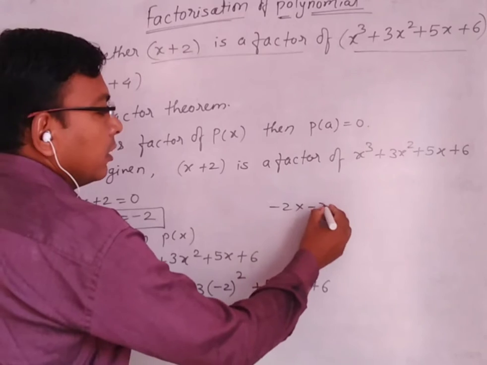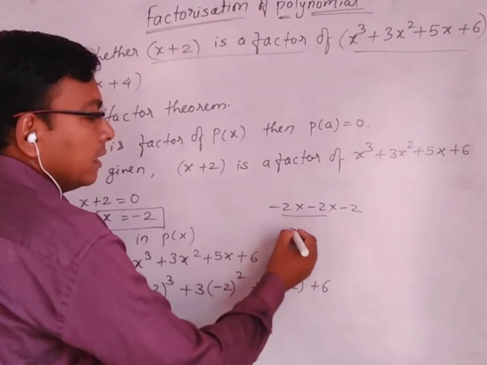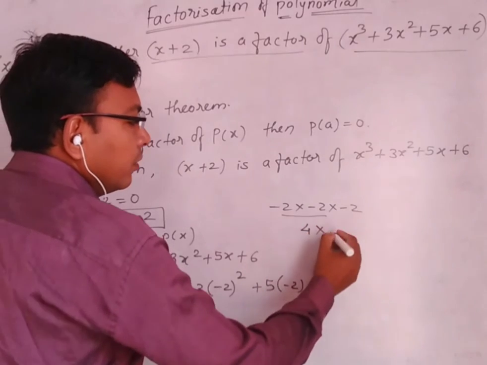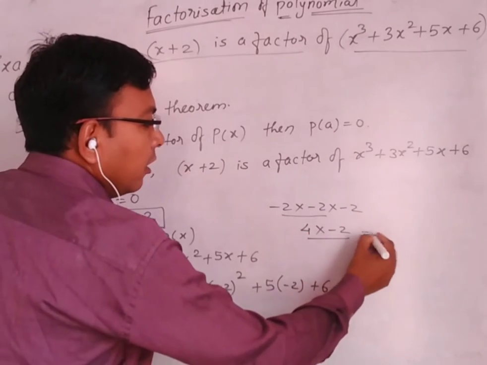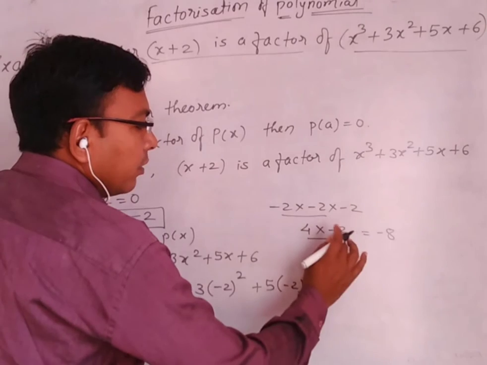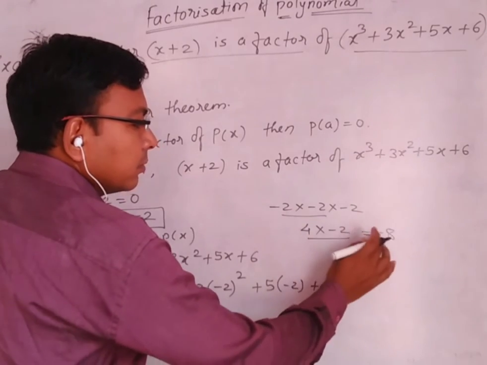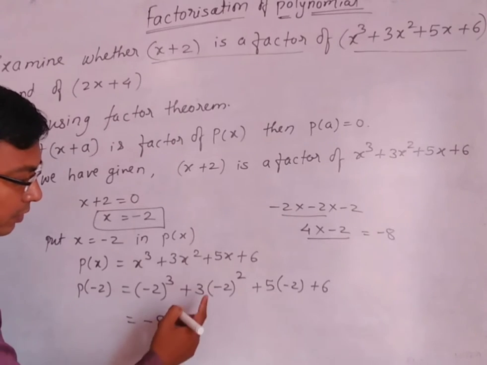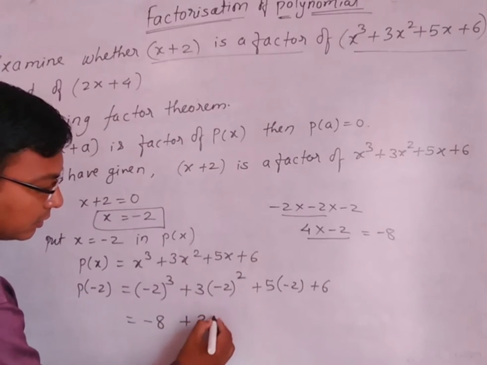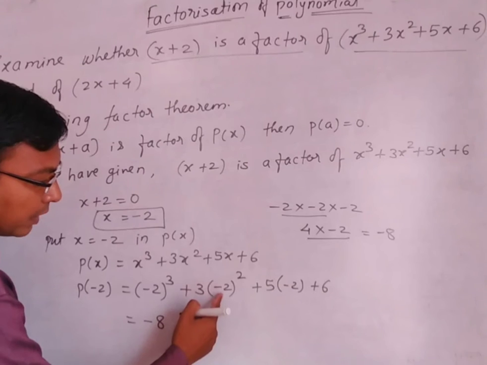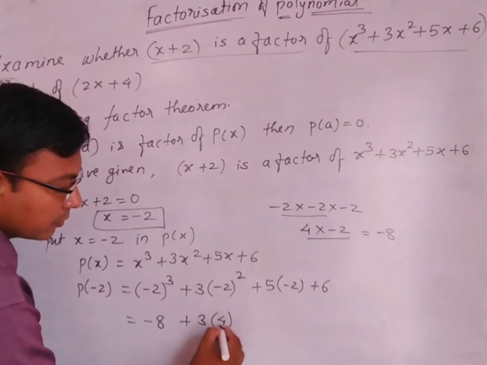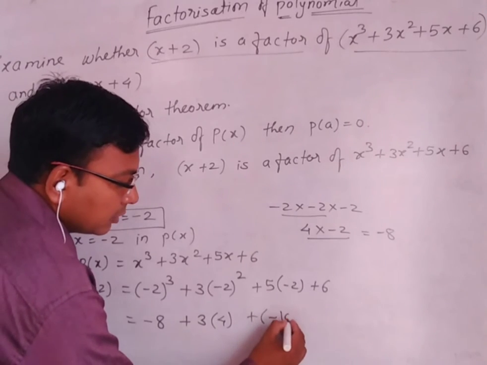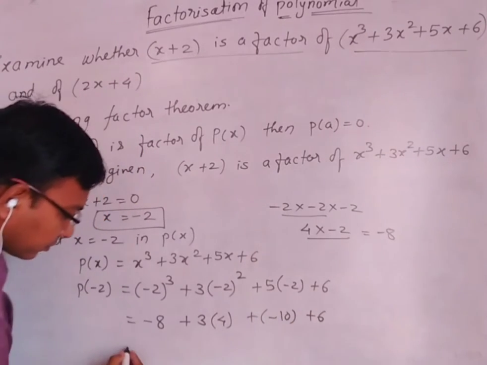Minus 2 into minus 2 into minus 2: minus into minus is plus, 2 into 2 is 4, 4 into minus 2 is minus 8. Then plus 3 as it is, minus 2 square is 4, plus 5 into minus 2 is minus 10, plus 6.